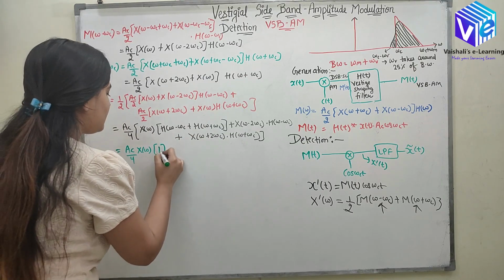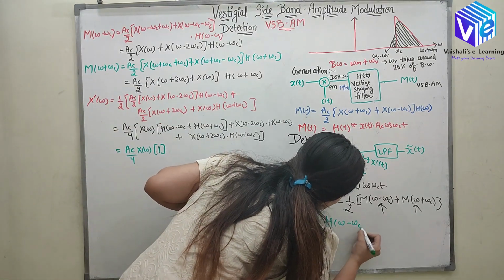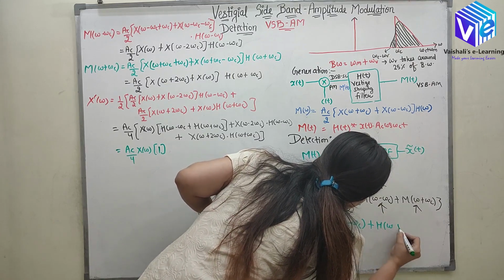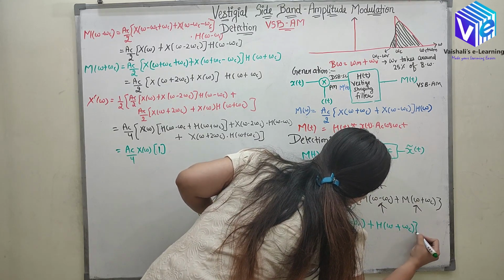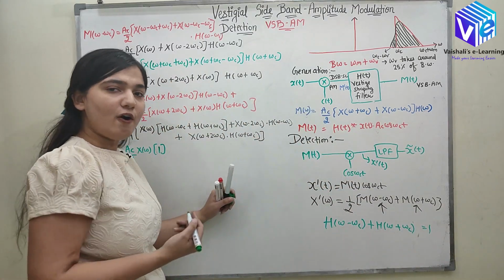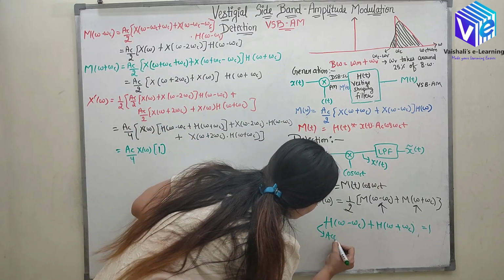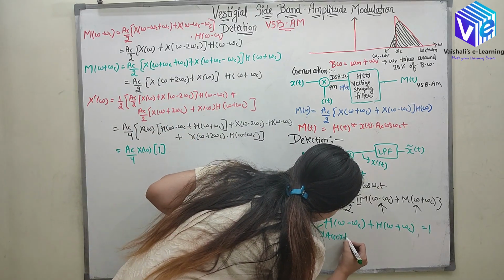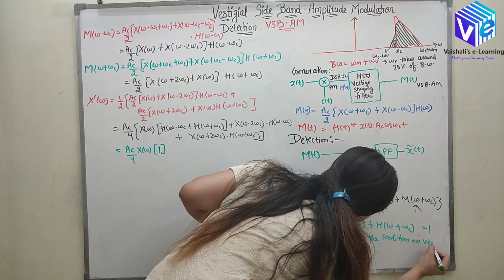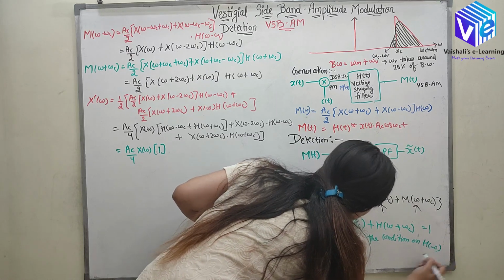So I am replacing it by 1 because H of omega minus omega c plus H of omega plus omega c was equal to 1. This was the condition on the vestigial filter, the condition on H of omega.